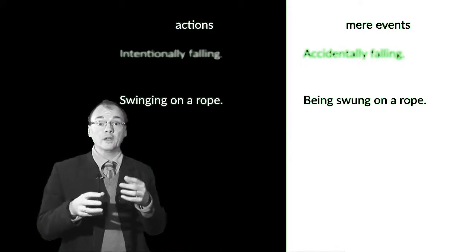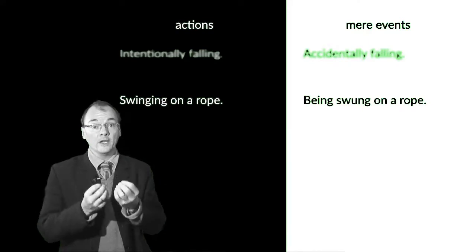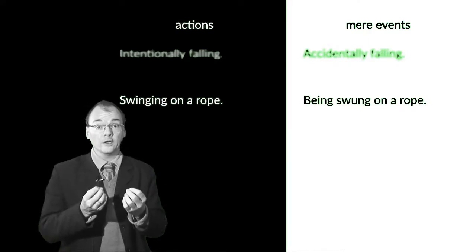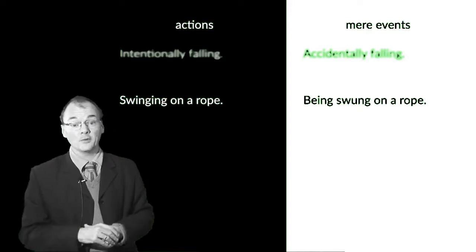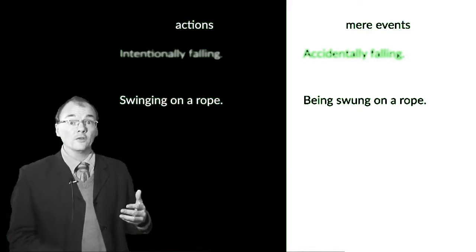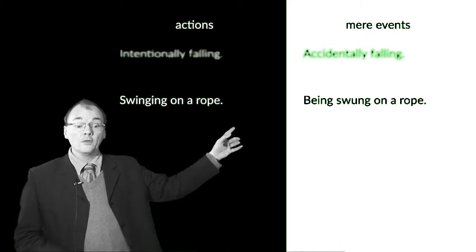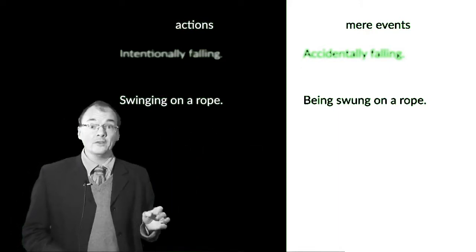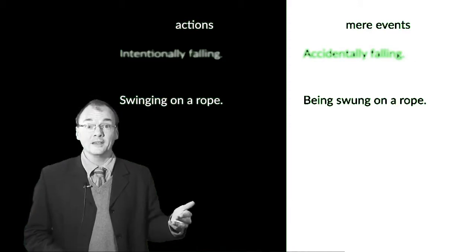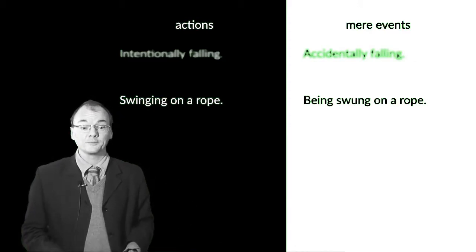Coordination, of course, being provided by the way that the body, different joints are organised, together with the structure of the rope, and of course the attachment between the two. So coordination seems to be a feature which is common both to things that merely happen to you and to actions. And it's not always the case that your actions are more coordinated than things that merely happen to you.